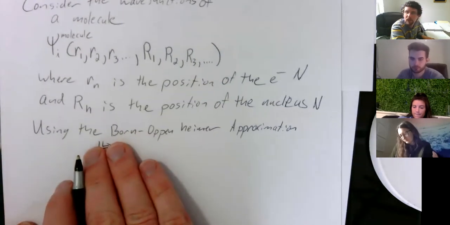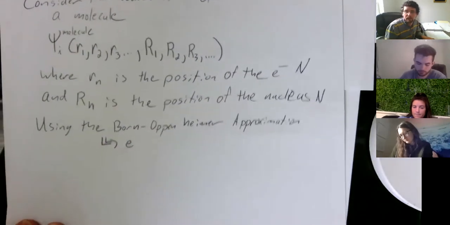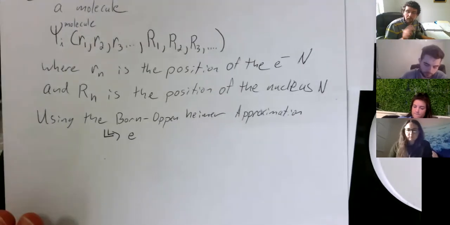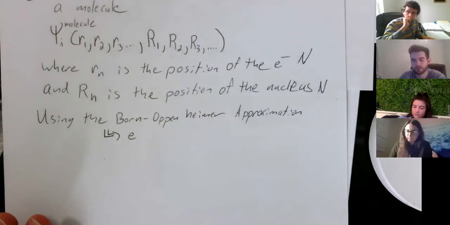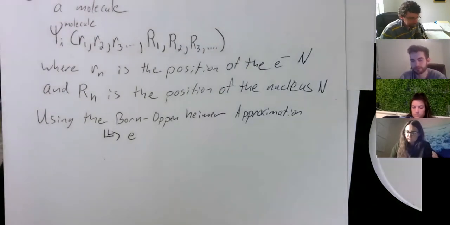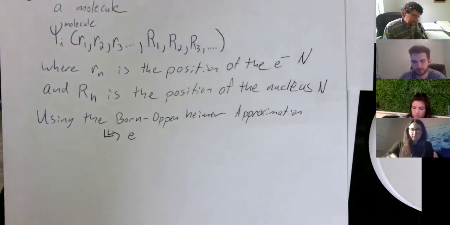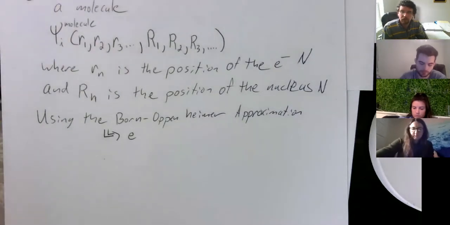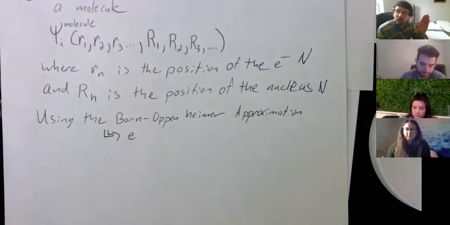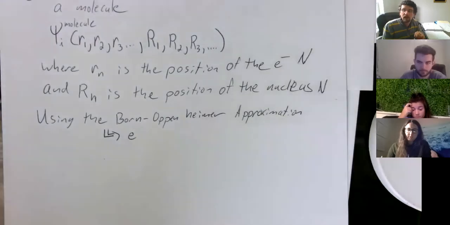Right, basically. And why don't the nuclei motions matter? Because for how much they move, the amount of change that they're going to cause to energy is so small compared to the motion of the electrons. Yeah, the kinetic energy of the nucleus is minuscule compared to that of an electron.